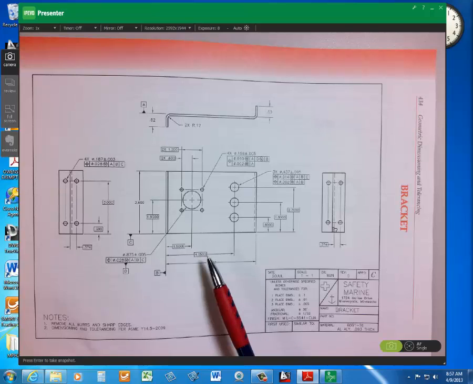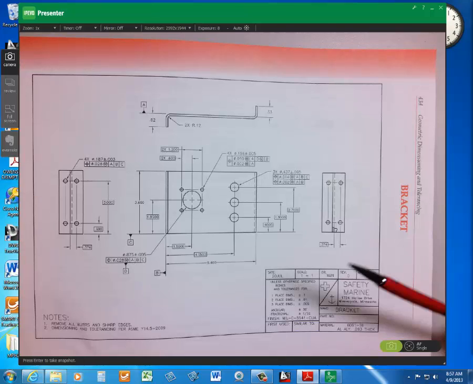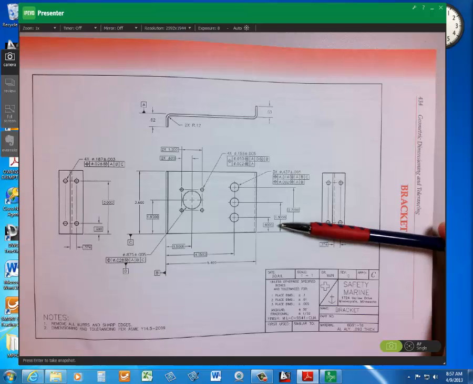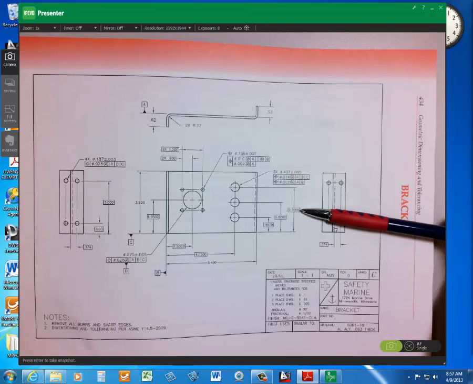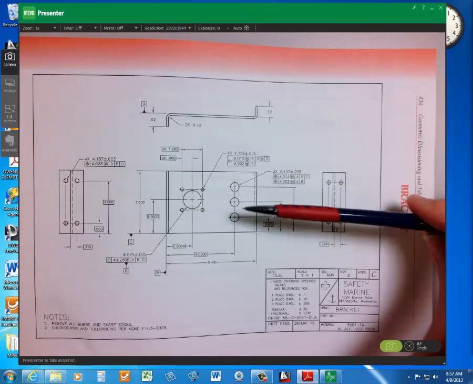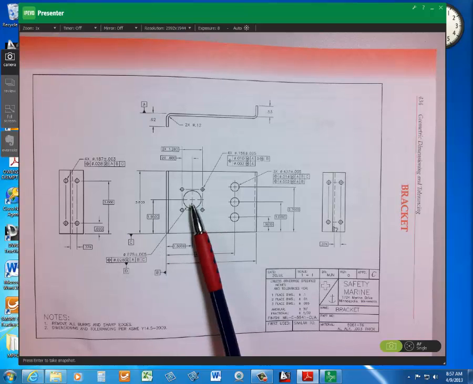So to the 10,000ths of an inch accuracy, perfect dimension. And then looking up this way, 0.9, 1.8, 2.7 to locate these. And to locate this hole, it's 1.5 by 1.9500.